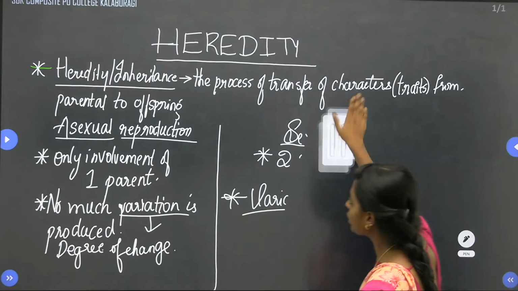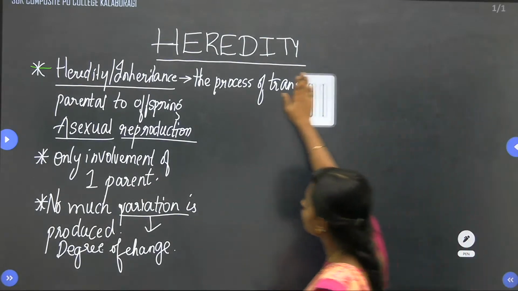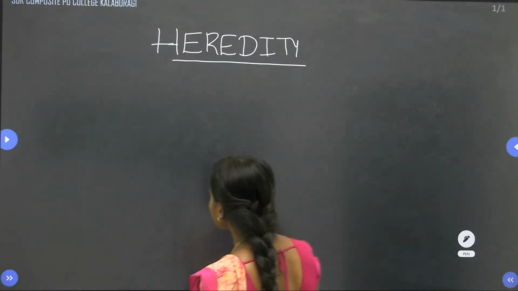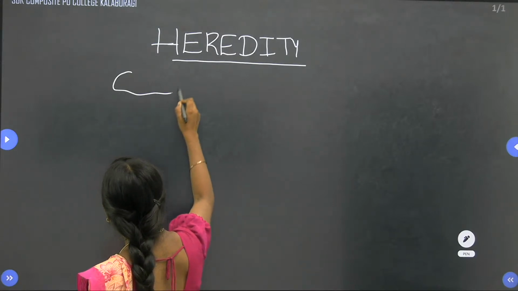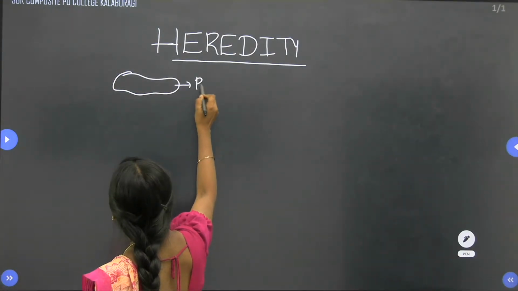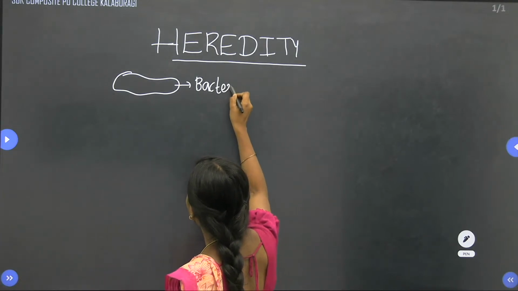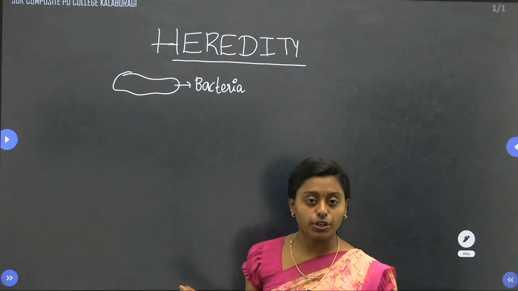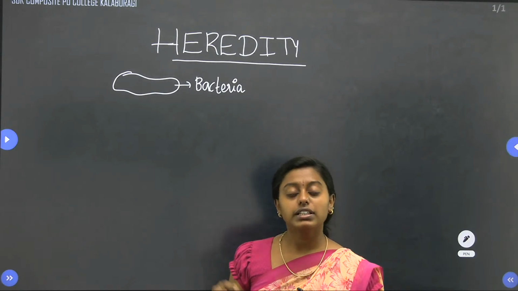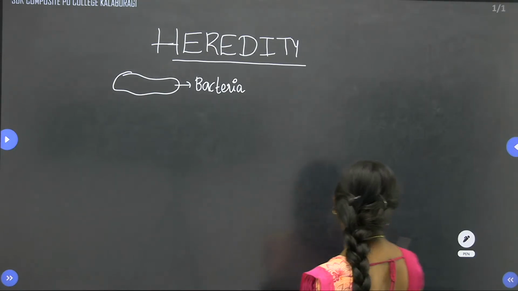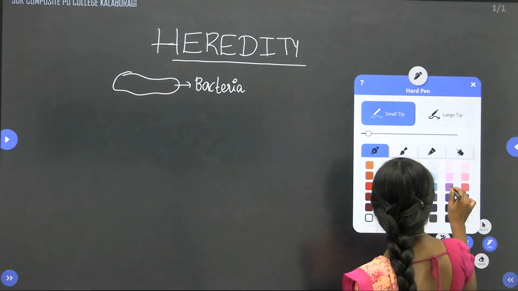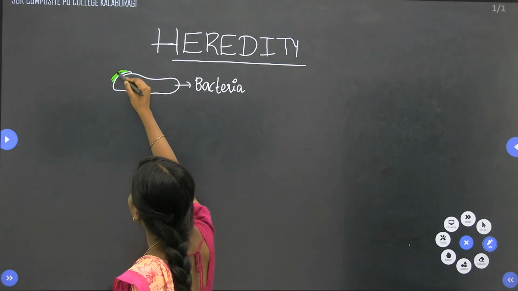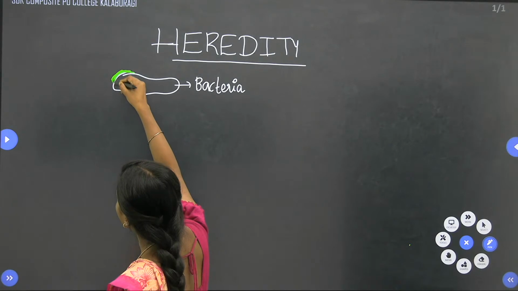So we can observe that variation is very less in case of asexual reproduction, whereas more in case of sexual reproduction. Considering an example of bacteria which undergoes asexual reproduction, let us say this bacterium contains a particular character or a unique feature on its surface.